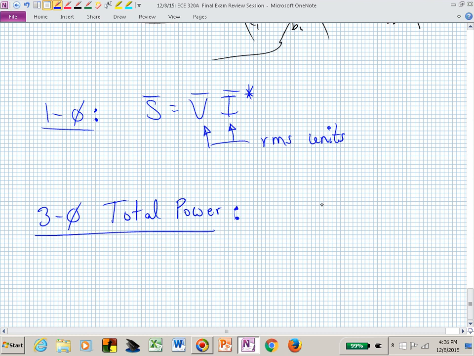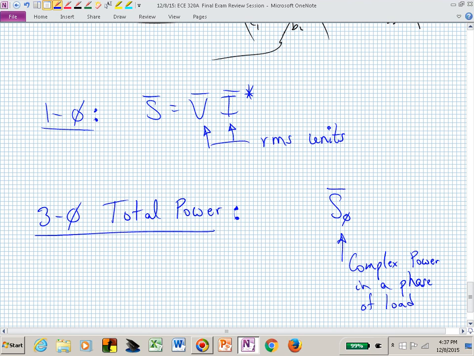If the complex power in one phase of my load is S sub phi bar, the complex power in a single phase of the load, that could be the A phase, the B phase, or the C phase.